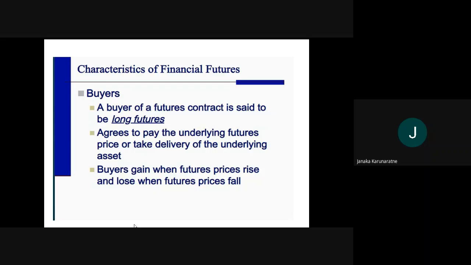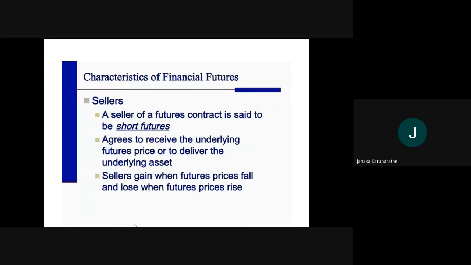Having a futures contract tries to minimize that risk. So rather than ending up with a significant loss, you may end up with a lesser loss. That is the idea. So if you are long a futures contract, you are the buyer, you gain when futures prices rise and lose when they fall.